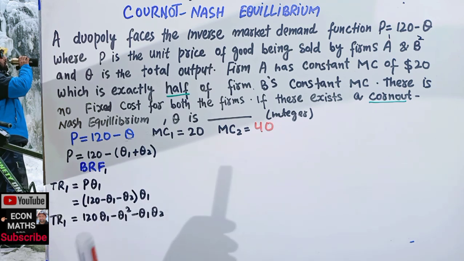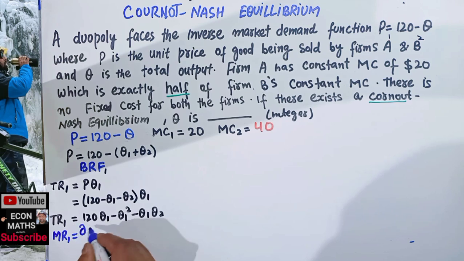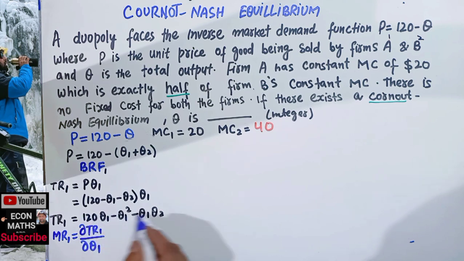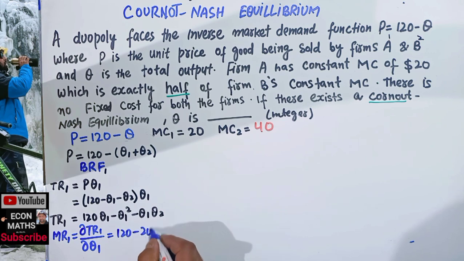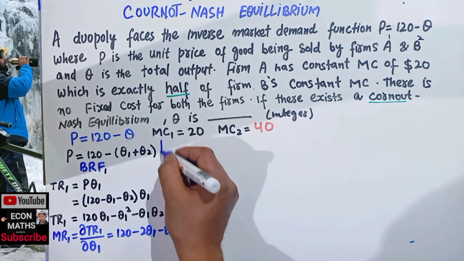What is marginal revenue? Marginal revenue of firm 1 will be the derivative of this total revenue function with respect to output, that is, dTR1/dQ1. We take the partial derivative with respect to Q1, so we get 120 minus 2Q1 minus Q2. So this is our marginal revenue.